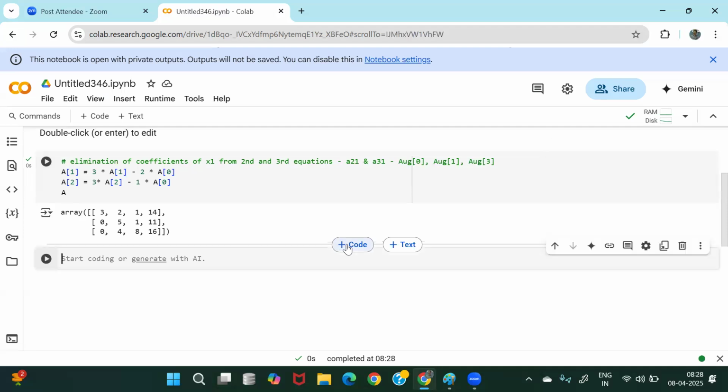Next step. Elimination of the coefficient of x2 from the first and third equations.